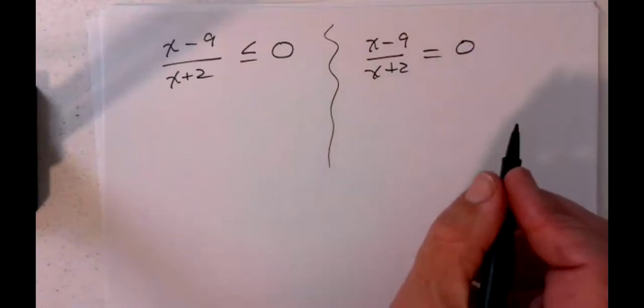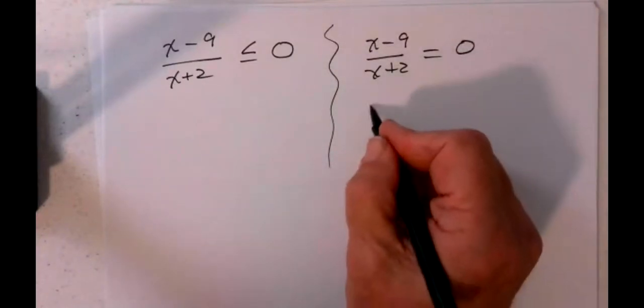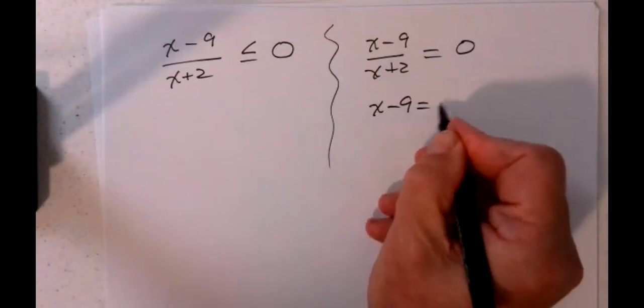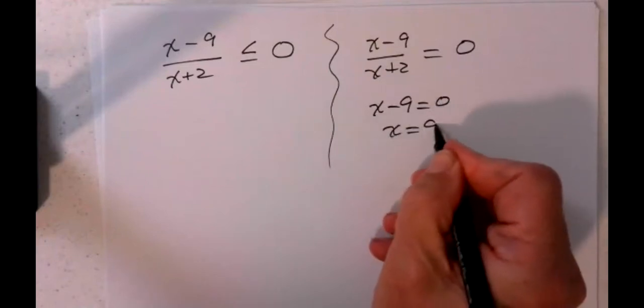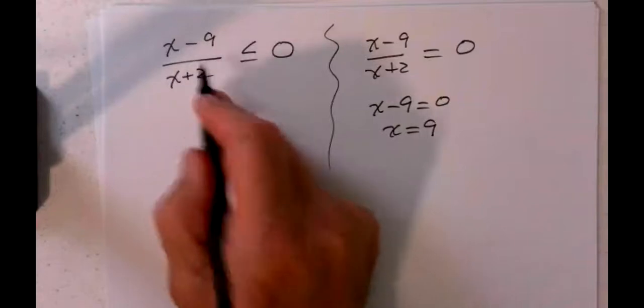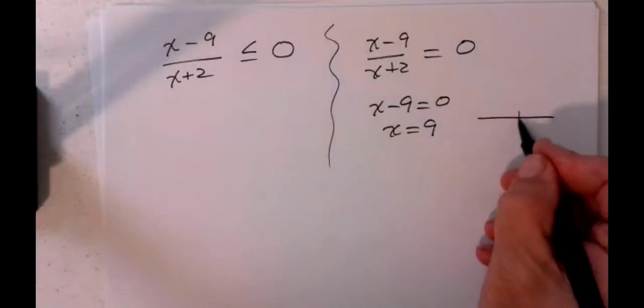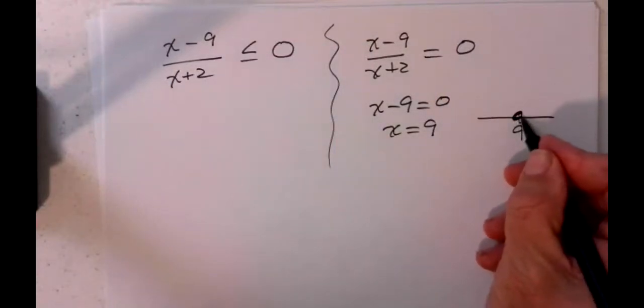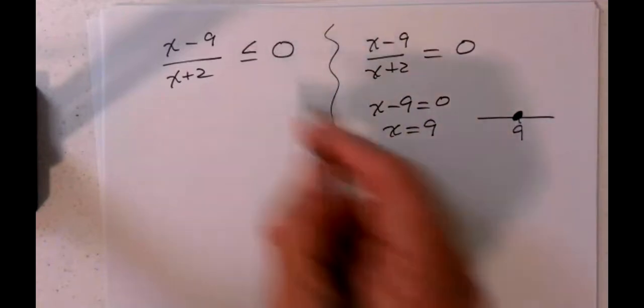When is a fraction 0? When the top is 0. So x - 9 would have to equal 0, so x equals 9. So when x equals 9, this whole fraction is 0. So when I get to 9, that will be a solid dot because it is less than or equal.